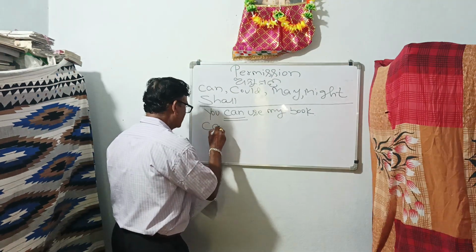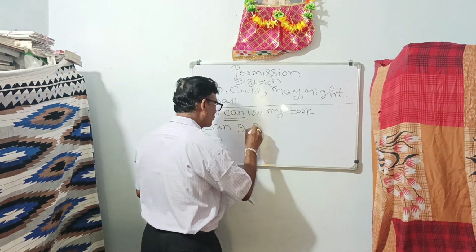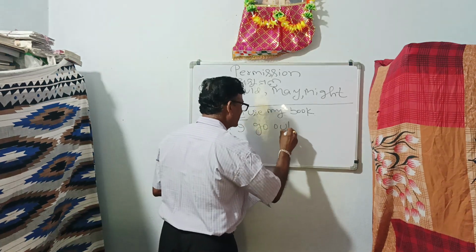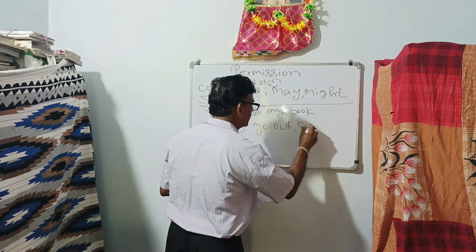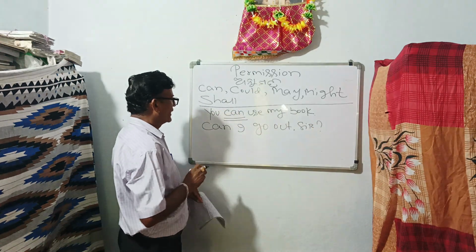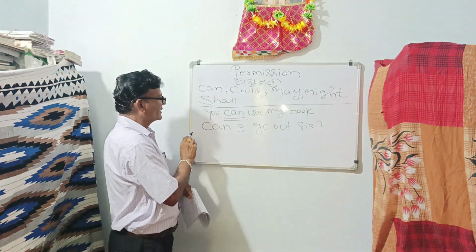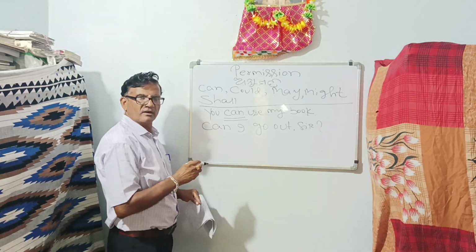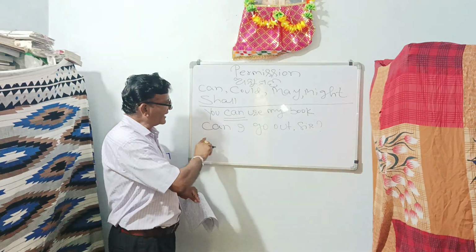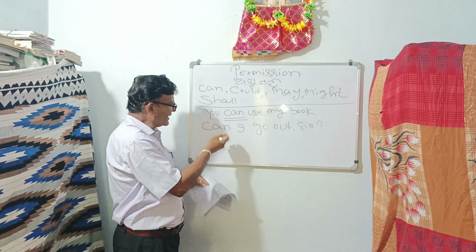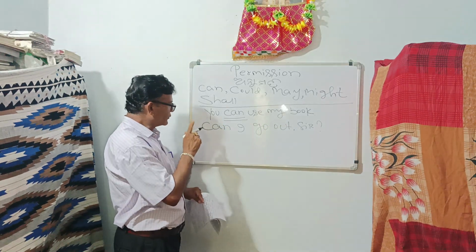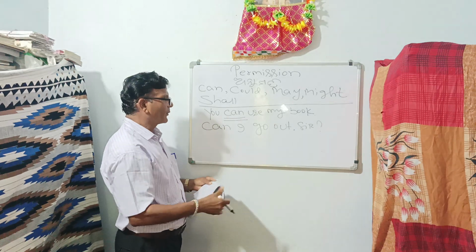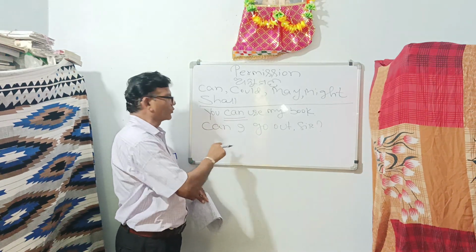Can I go outside? In the first sentence, I give you permission to use my book. But look at the second sentence. Can I go outside? In the second sentence, a student seeks permission of his teacher to go out.